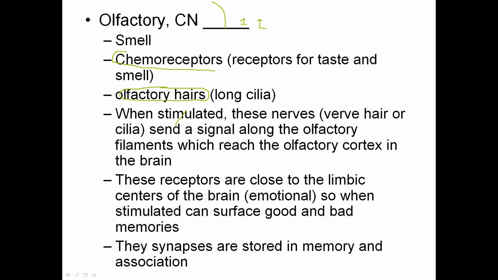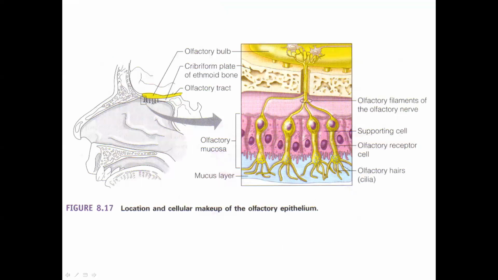So that's why at this point, if we could release the smell of whatever, whether it's food or motor vehicle, whatever, you know what it is. People, especially adults, are pretty good at being able to associate or recognize a smell, because it is part of memory and located near the limbic system of the brain.